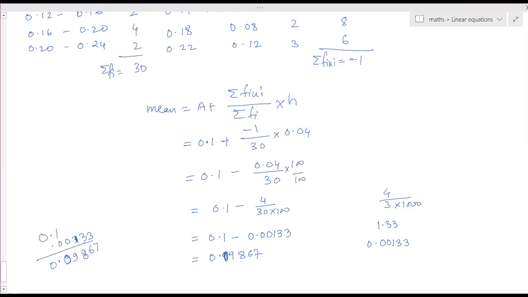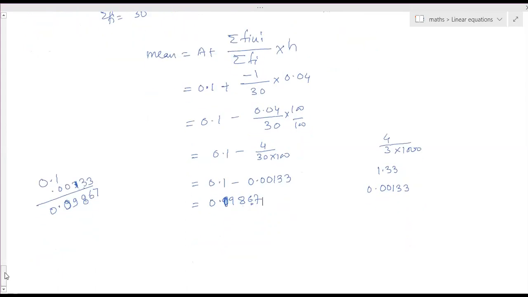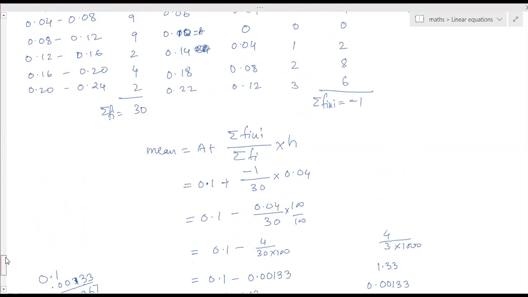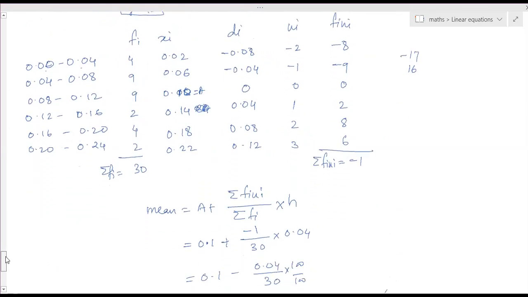The answer given here is 0.099, so this one is approximated, because of this 6, this becomes 9. Okay, ma'am. Clear? Yes, ma'am. Ma'am, one minute, I'll just copy this.